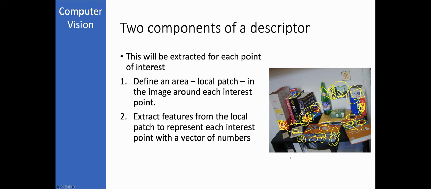To create a descriptor, I really need two different components. First, around each point of interest, I should be able to define an area, a local patch in the image. And second, within that patch, I should extract features that represent that patch, either looking at its intensity values or its color values. So I should create a vector of numbers describing that patch.